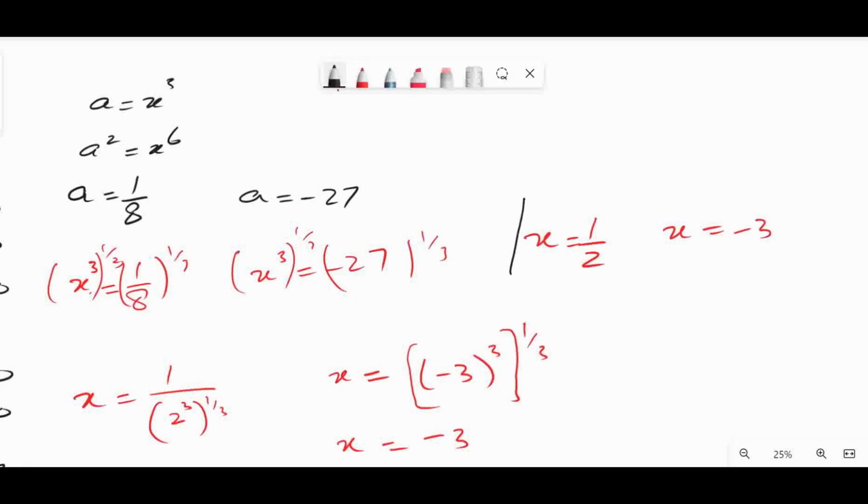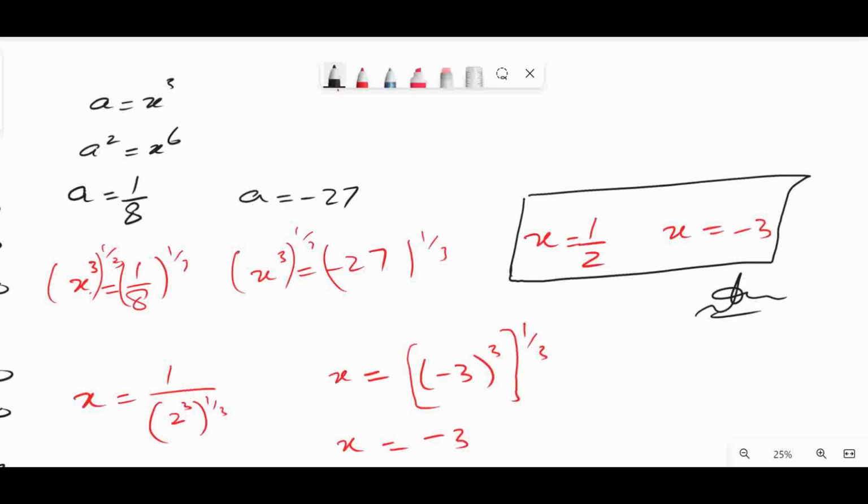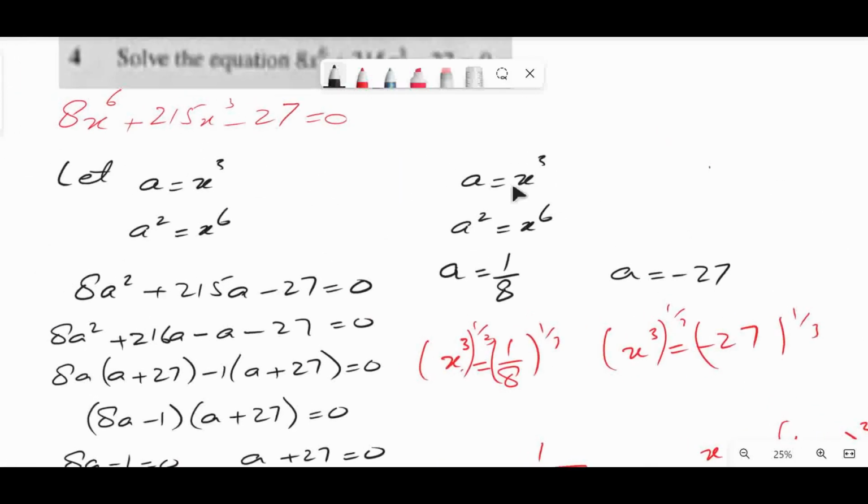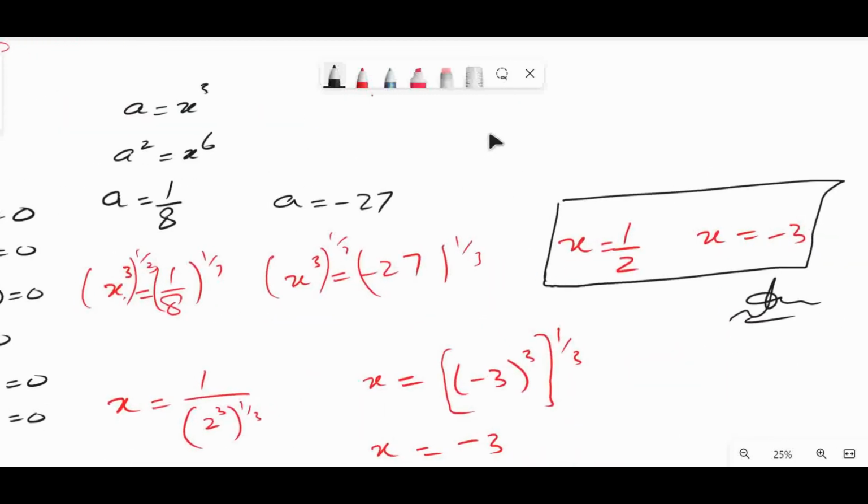So this will be the final answer. These two are the solutions of the main equation, which was 8x^6 plus 215x cube minus 27 equals 0. I hope that the concept is clear. Let's move on to the next question.